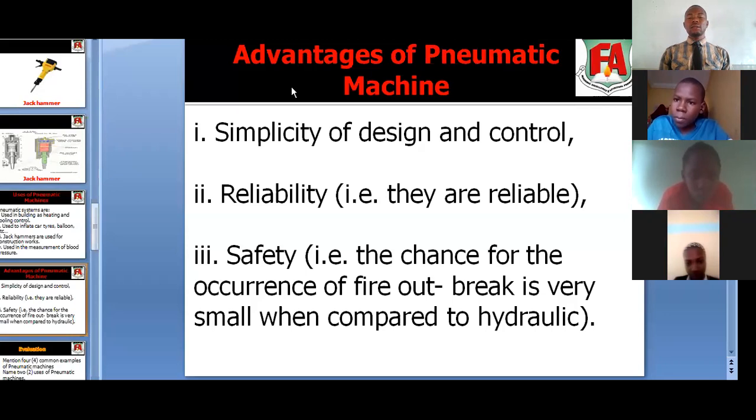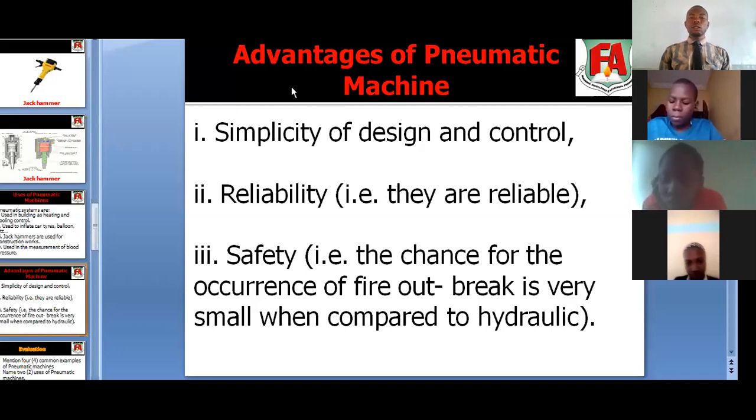Three, safety. That is, the chance for the occurrence of fire outbreak is very small when compared to hydraulic.